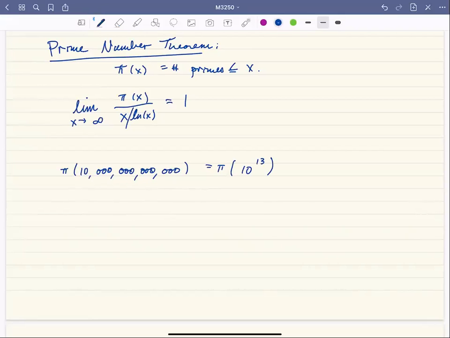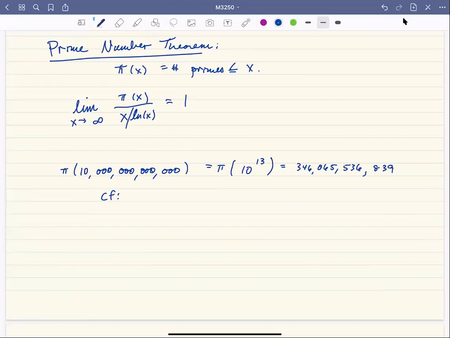If you think about how many primes there are up to 10 trillion, this is a big number. This is about 346 billion, 65 million, 536,839.